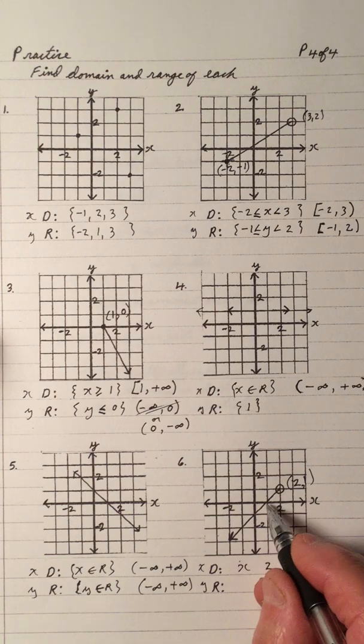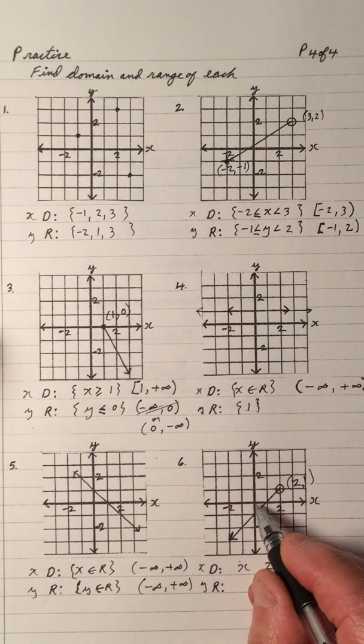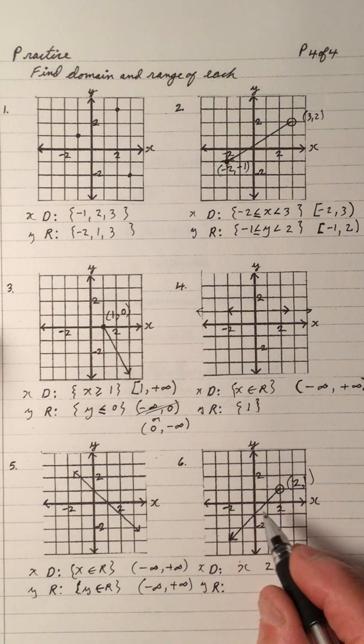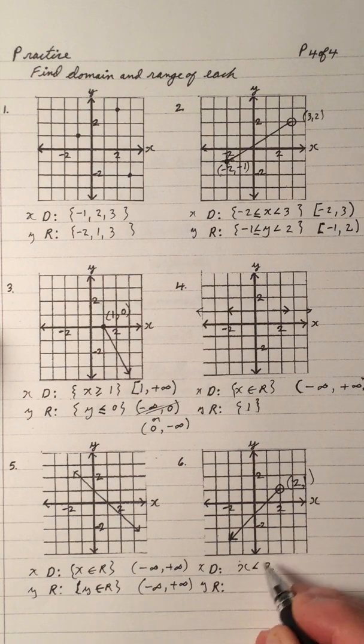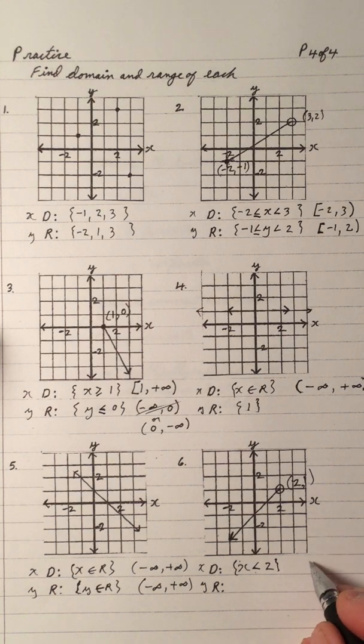As we go down, the x's are going 1, 0, negative 1, negative 2. So it's less than. And it's a hollow dot, so there's no bar. So that's it. And we started at 2. And it's a hollow, not included. And we're going to negative infinity.